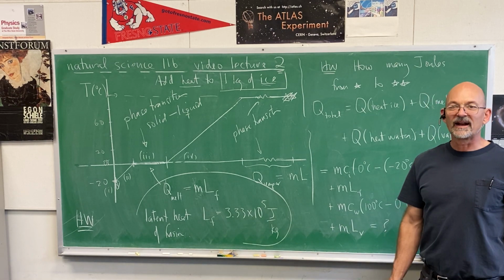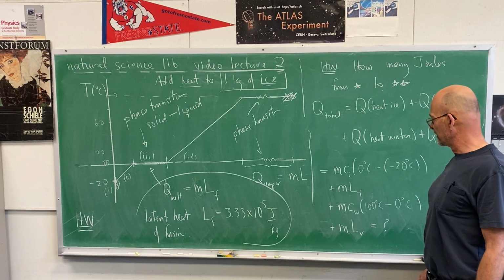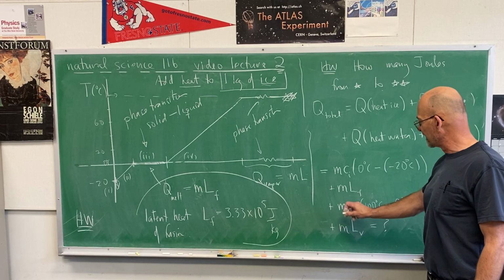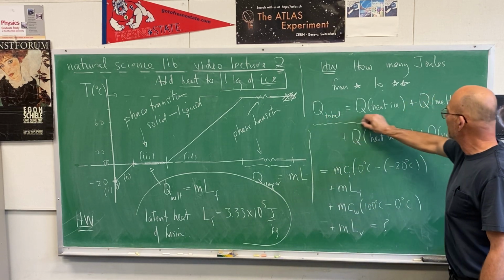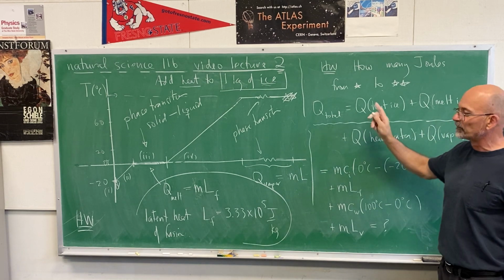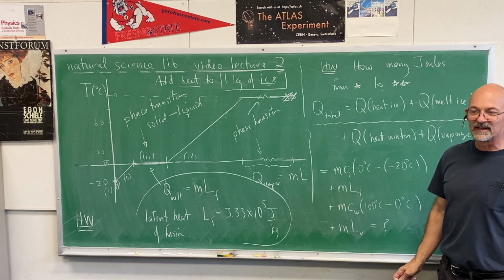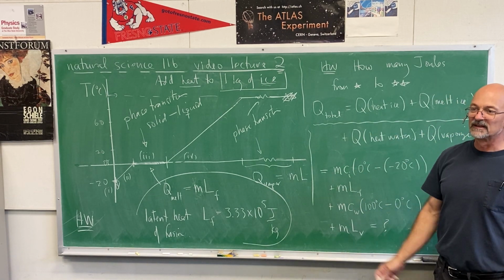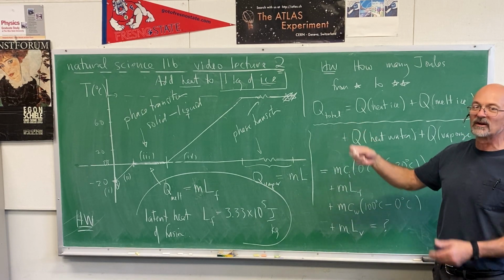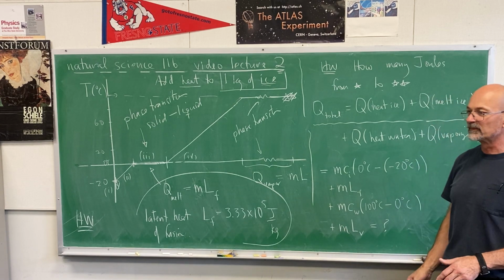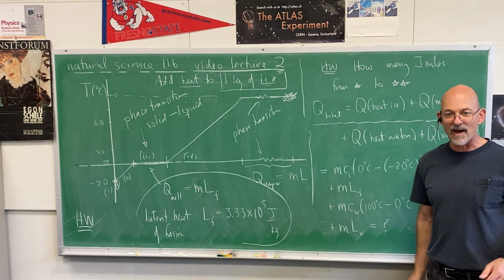And also, what about out in nature? We may not be vaporizing things, but we could be using this half, heating ice and melting ice. Suppose you wanted to know how much energy it takes to melt a glacier. This will just scale up, big numbers, powers of 10. You could be melting the Greenland ice cap.